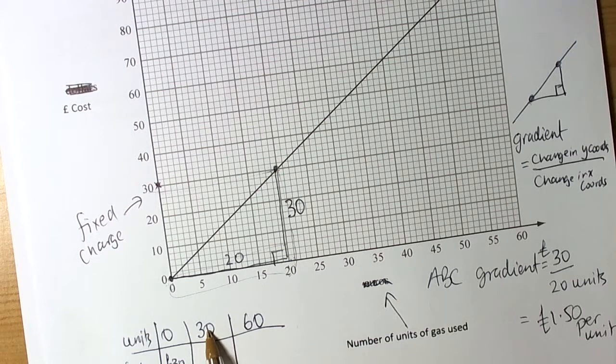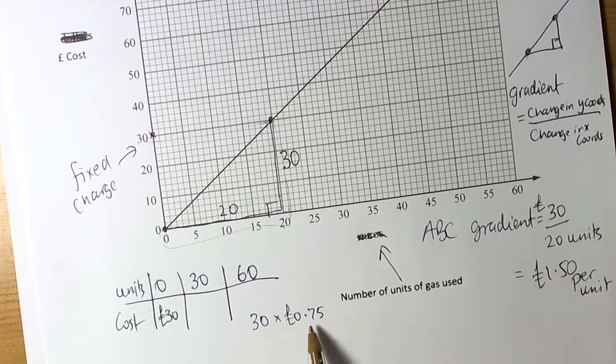So for 30 units, the question says that it costs 75p for each unit. Well, as the scale is in pounds, we'll work it out in pounds. So 30 times 0.75 is going to be £21.